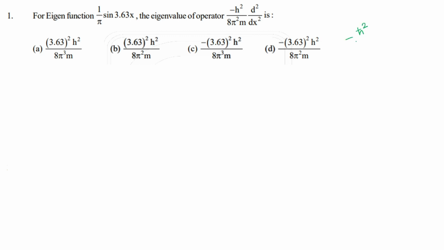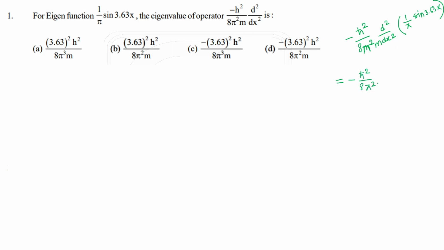The operator is minus h cut square by 8 pi square m, d square by dx square, acting on 1 by pi sine 3.63x. When you take the double derivative of sine, you are going to get back sine, right? Because sine goes to cos, then from cos it becomes sine again. You are just going to get this extra factor, which I will write at the end.